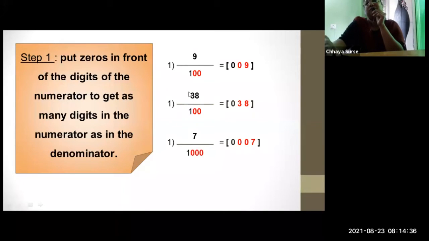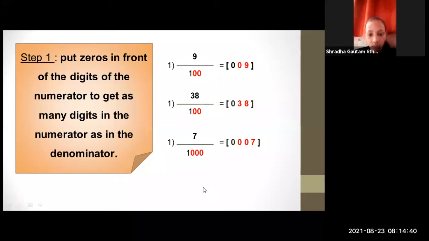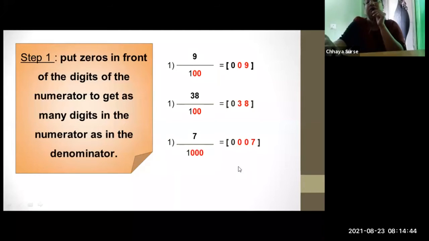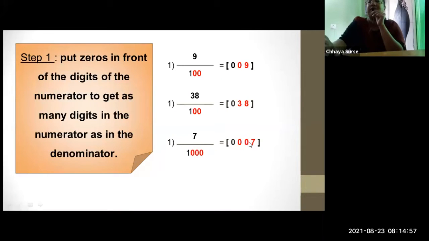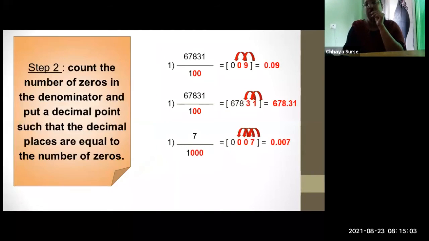Decimal fraction. Concentrate on the screen only. Ruchi? Yes, very good, Ruchi. 0.38. Very good. And 7 upon 1000? 0.007. Very good, Ruchi and Ansh.